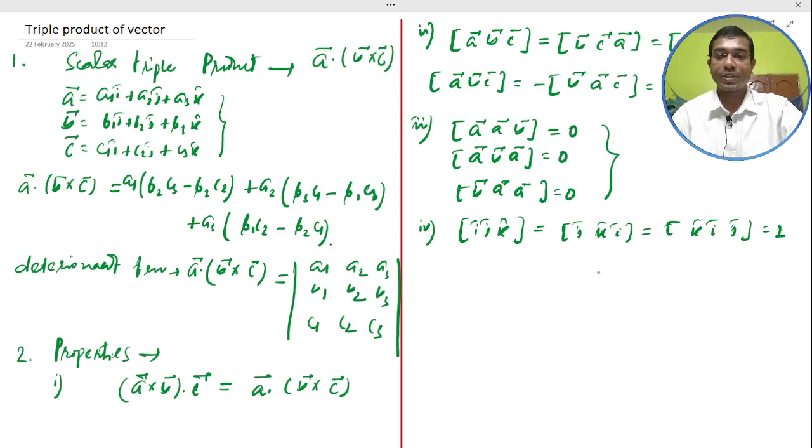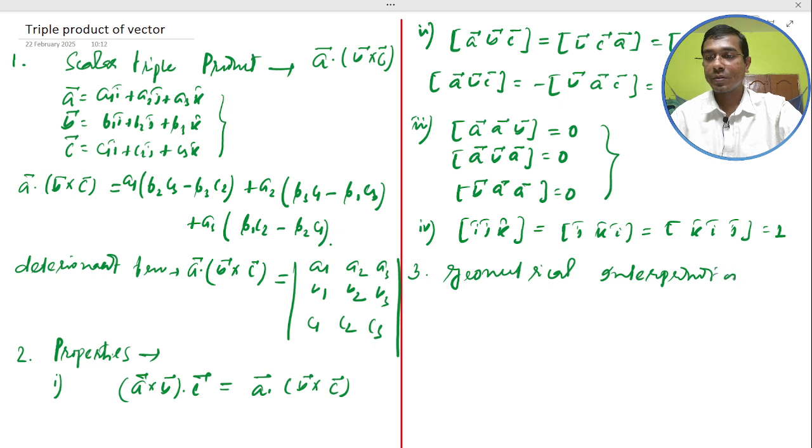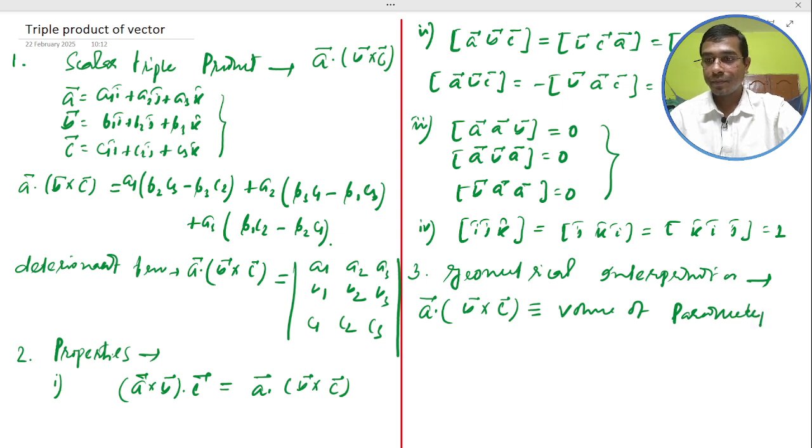Geometrical interpretation of the scalar triple product. Number 3, geometrical interpretation. That means A dot B cross C is equivalent to the volume of a parallelepiped.